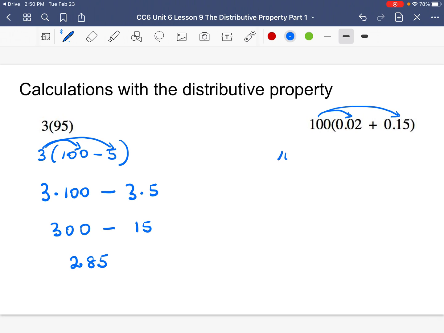I'm going to multiply 100 by 0.02 and 100 by 0.15. And 100 times 0.02 is 2. 100 times 0.15 is 15. 2 plus 15 is 17.